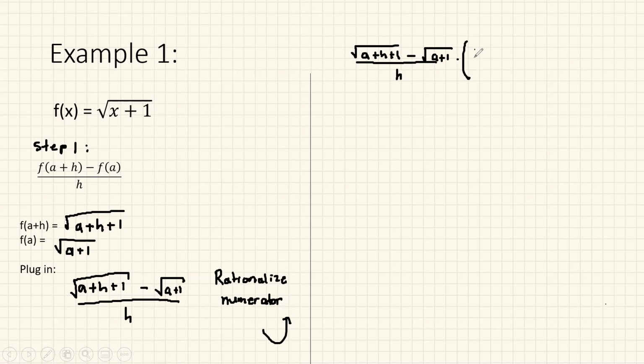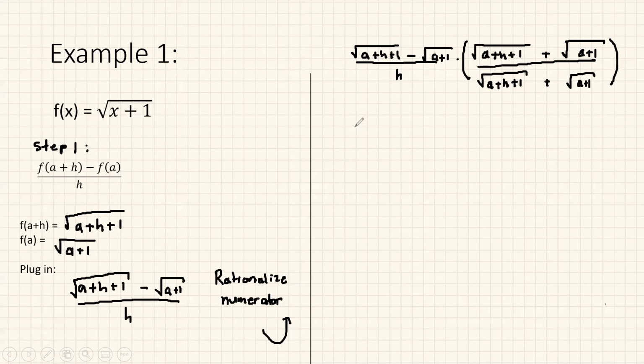And we're going to multiply this by the square root of a plus h plus 1 plus the square root of a plus 1, on top and bottom.